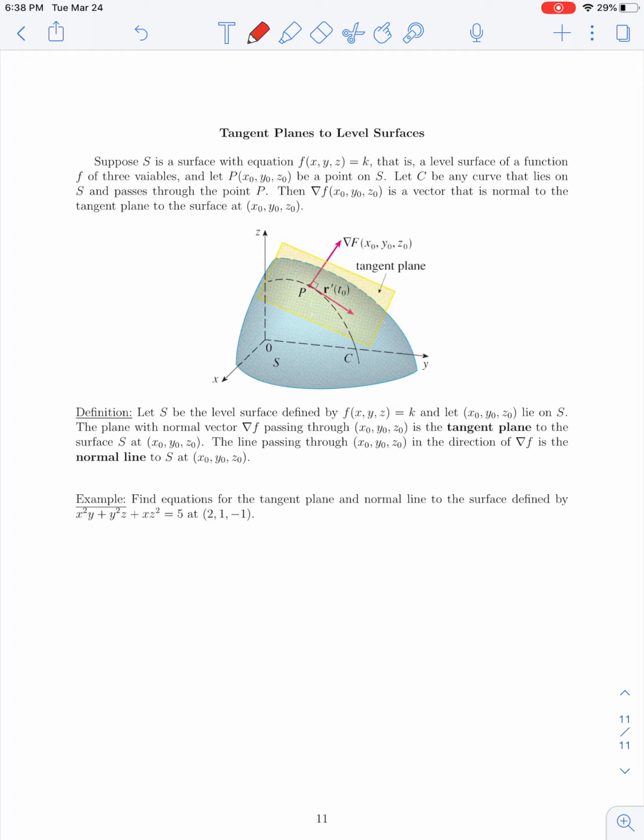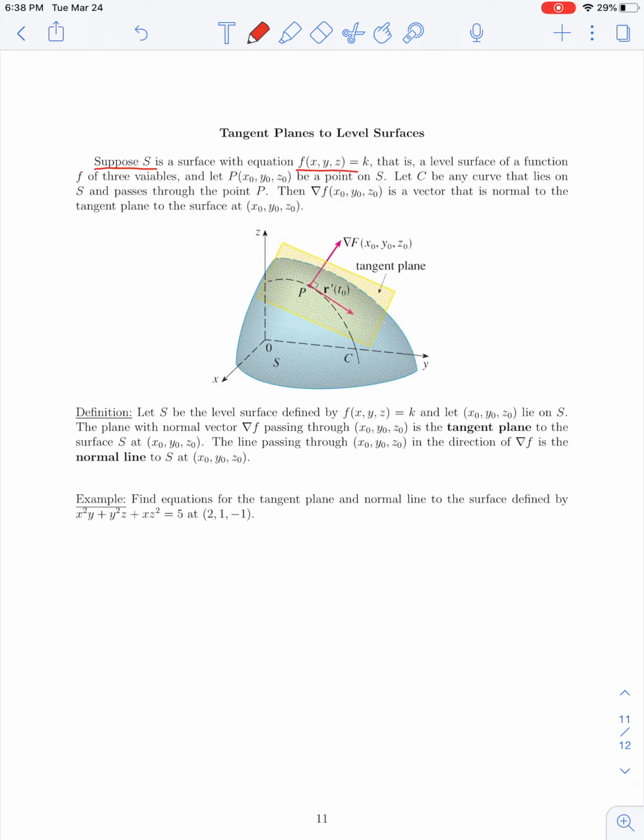But not every surface is the graph of a function. Examples of surfaces that would not be the graphs of functions might be some quadric surfaces, say spheres, hyperboloids, elliptic paraboloids, things like these.